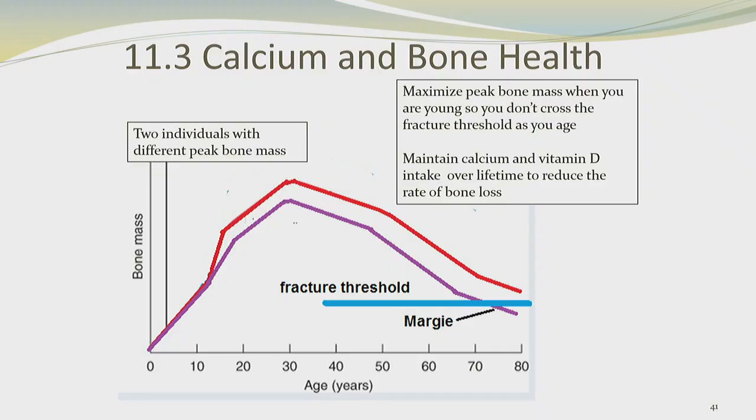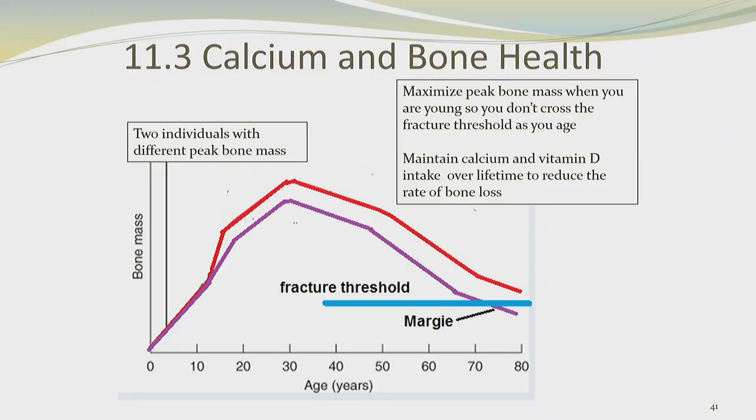Here we see two individuals in this graph, and they're typically following similar rates of bone loss, but because one of them started at a higher peak bone mass, they do not cross the fracture threshold in their lifetime. But the individual shown with the purple line starts off with a lower peak bone mass, as will be the case for Margie. And so within their lifetime, they do cross the fracture threshold.